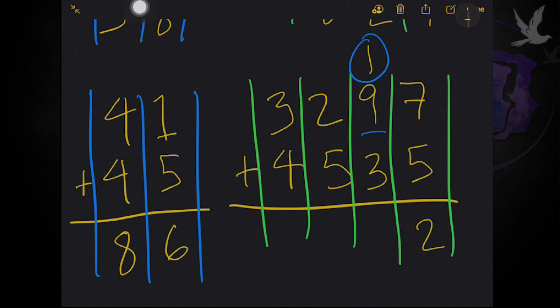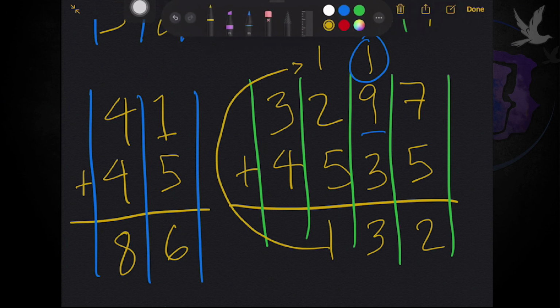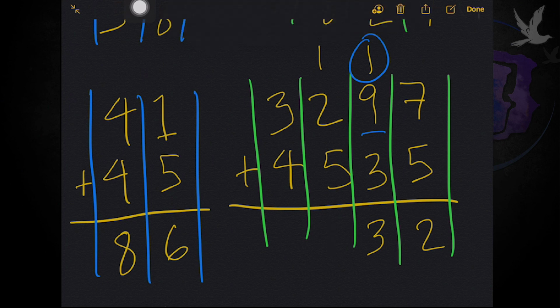If hindi nakukuha, it's fine. Okay lang yan. Made-develop nyo lang yan over time. So again, you do not write 13 like that, but instead, you put this one all the way up to the next place value. Okay, klaro yan ha? I hope you won't have difficulty in doing this.